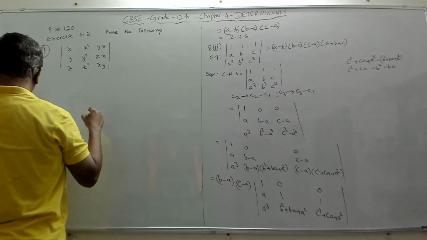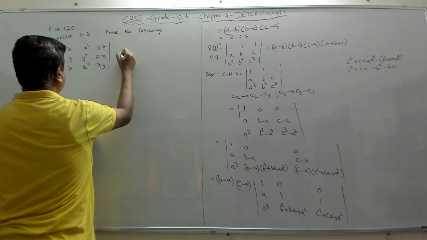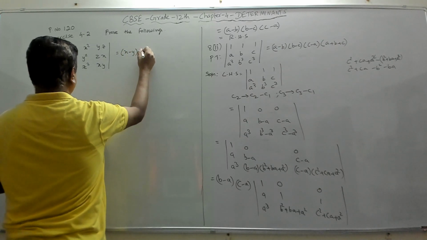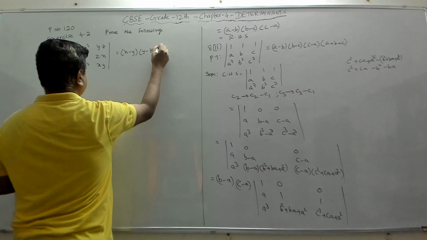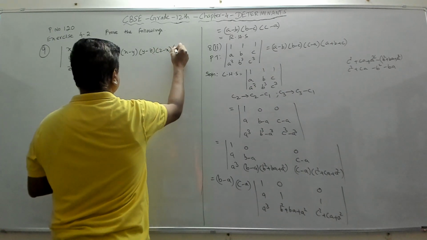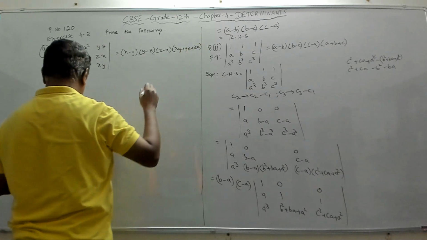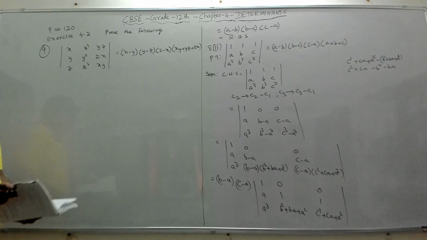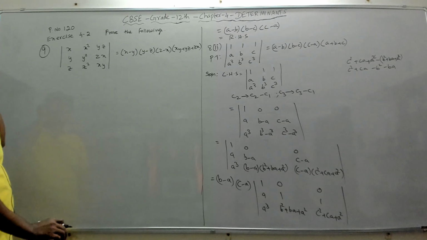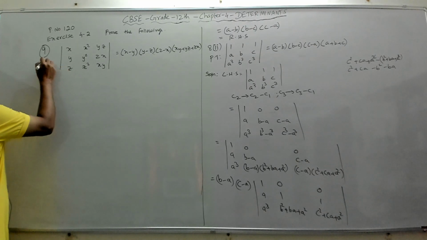Now we have to prove that it is equal to x minus y into y minus z into z minus x into xy plus yz plus zx. I have to prove that this is equal to this. We have to show that the value of this determinant is equal to this.